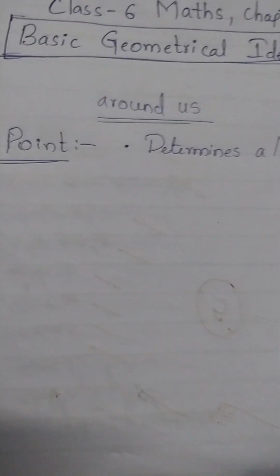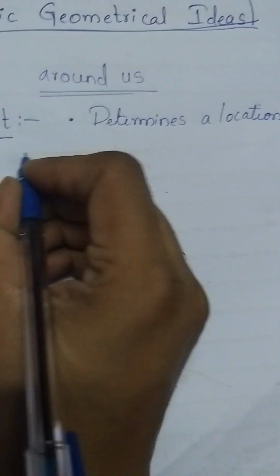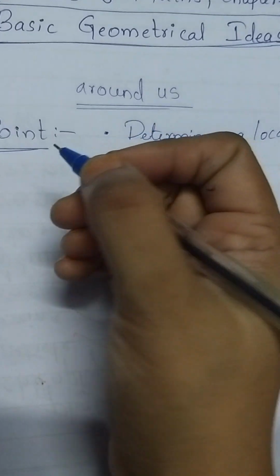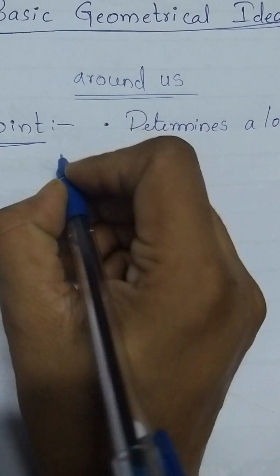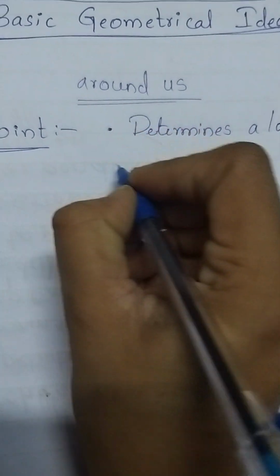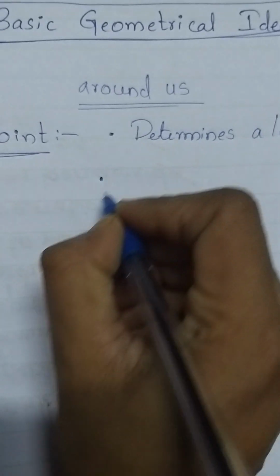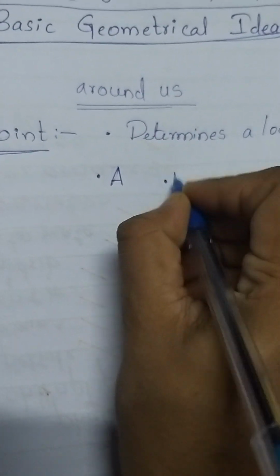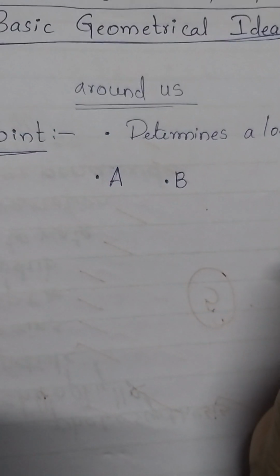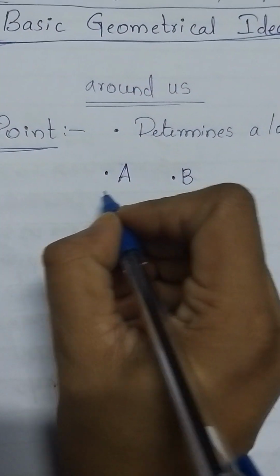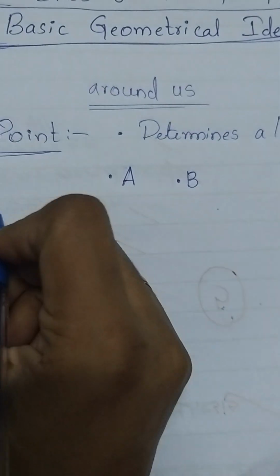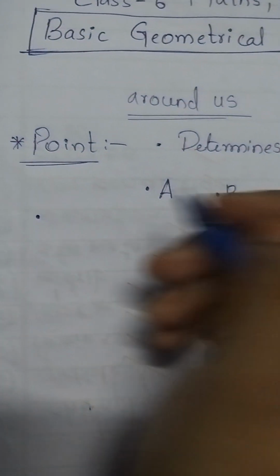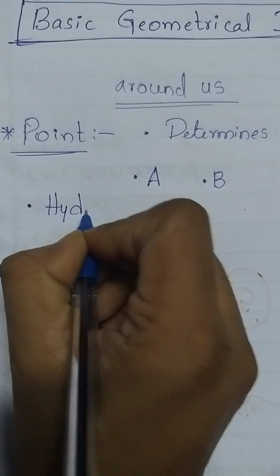Some examples I will show, here I will show how to denote a point. A point is denoted by a capital letter, children. For example point A, point B, like this we denote a point. If we locate any place in a map, we denote it like a point, for example Hyderabad.